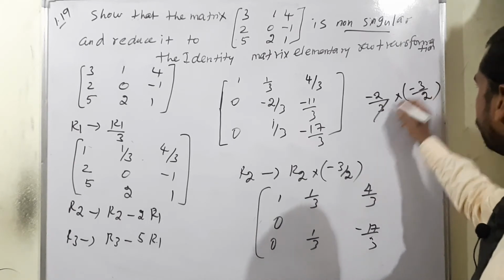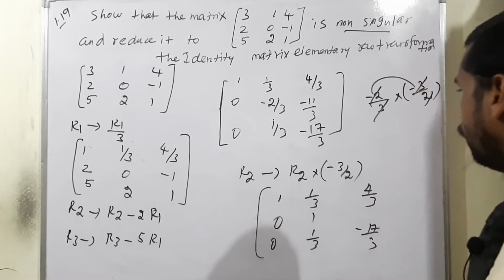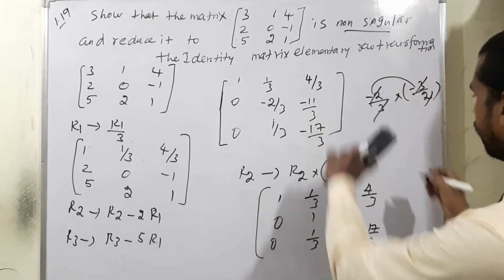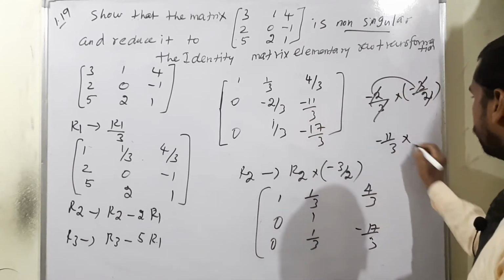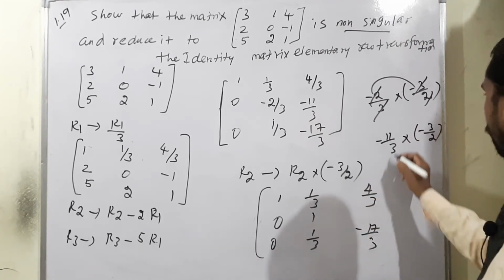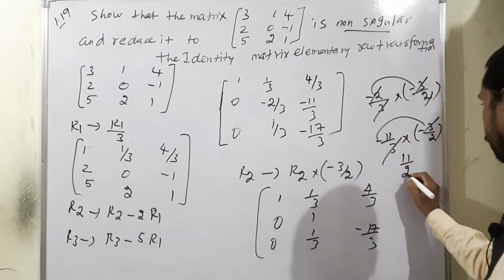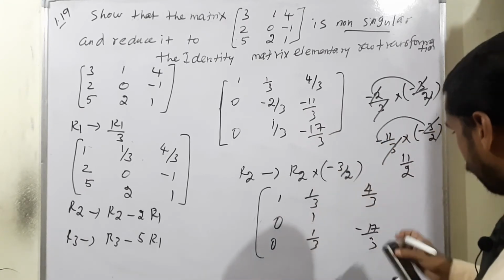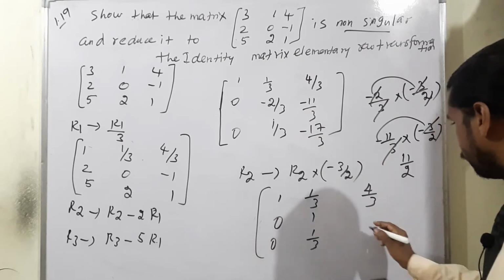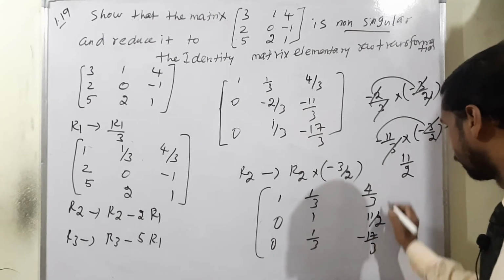What will happen? 3 3 cancel, 2 2 cancel, minus into minus plus, the value will be 1. Next condition, already minus 11 by 3 is there, minus 11 by 3 into minus 3 by 2. 3 3 cancel, therefore minus into minus plus, positive 11 by 2.